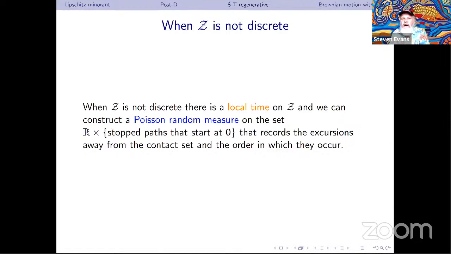And there we can construct a Poisson random measure on the set R cross stopped paths that start at zero. And this records the excursions away from the contact set and the order in which they occur. This is exactly what we'd expect.